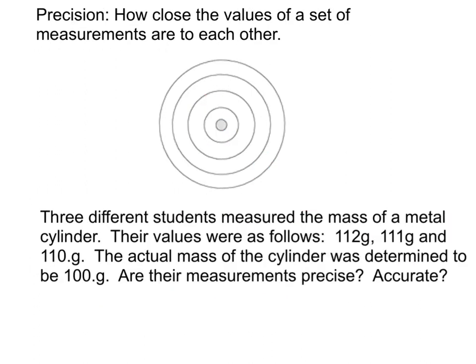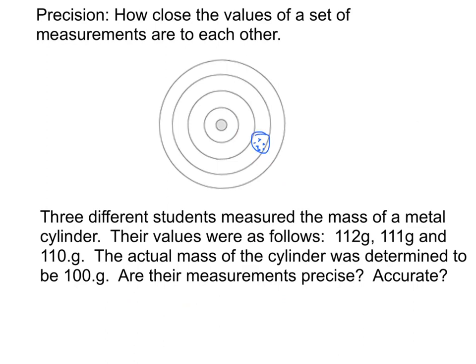All right, so the next one is precision. This is how close the values of a set of measurements are to each other. So unlike accuracy, where you want to be at the bullseye or average to the bullseye, precision is all about how close you can put these. An example of good precision would be any close grouping together. I'm going to take some points, and you have them closely grouped.